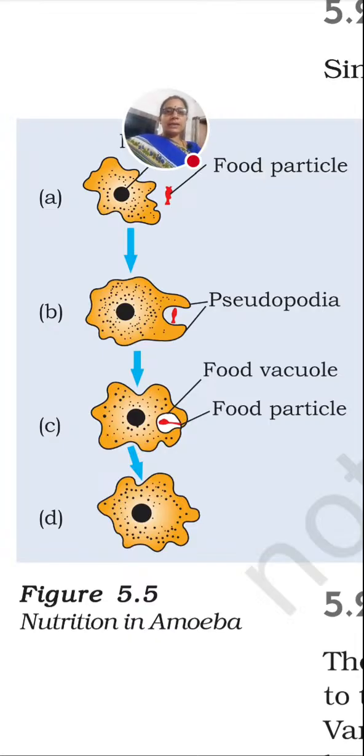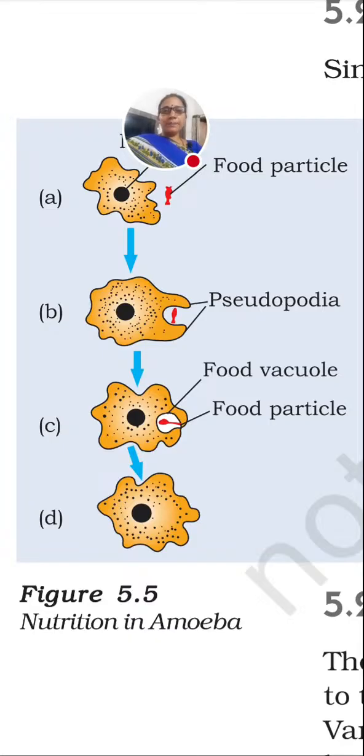Instead of amoeba, they can ask paramecium. For paramecium, you need to draw a slipper-like structure. The difference between amoeba and paramecium is that amoeba gets its food by forming pseudopodia. But in paramecium, you need to write that it has cilia. It will vibrate the cilia to make the food particle reach the site where the food can be taken in.